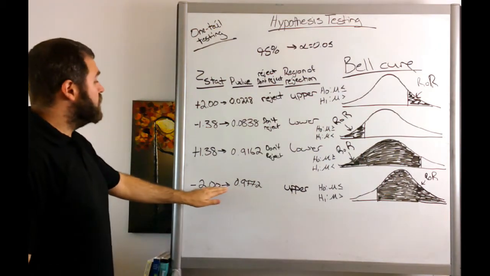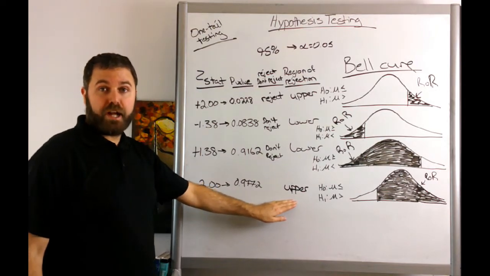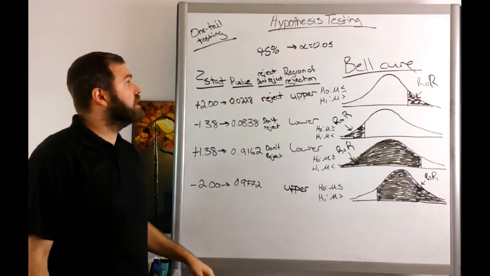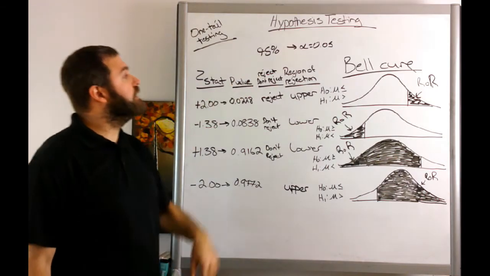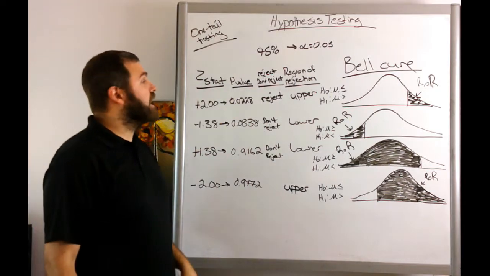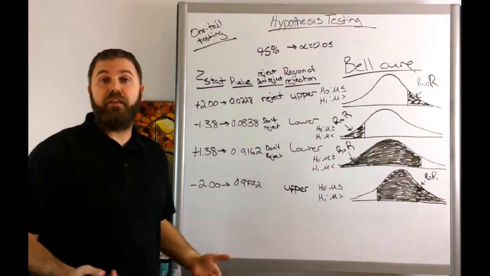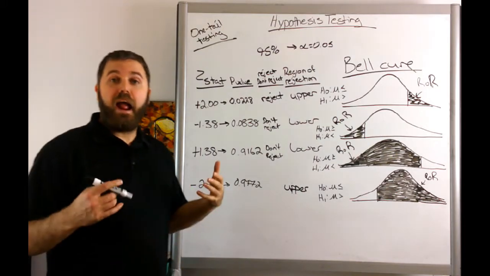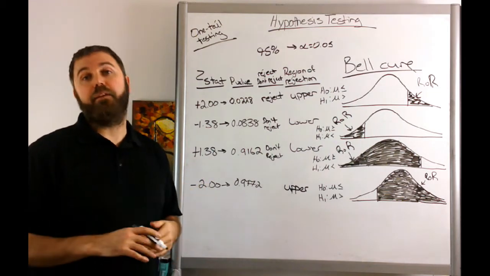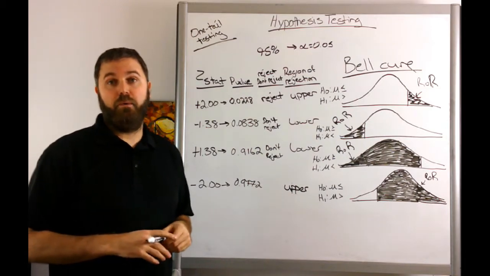So now for our last one, we're again looking at an upper tail region of rejection with a p-value of 0.9772 and a level of significance of 0.05. We do not reject H0 because our p-value is greater than the level of significance, and you reject only if p is less than the level of significance, because if p is low, H0 must go.